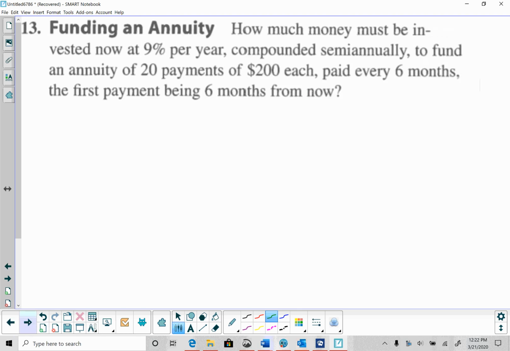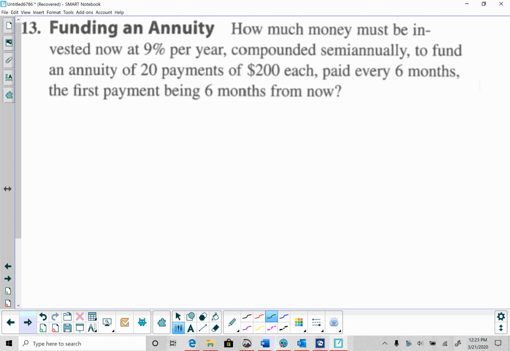All right, for 13 then. How much money must be invested now, at 9% per year, semi-annually, to fund an annuity of 20 payments of $200 each, paid every 6 months? Again, that's another way of just saying semi-annually. The first payment is 6 months from now.